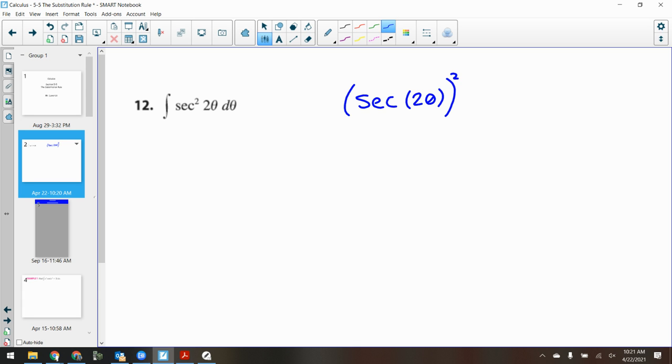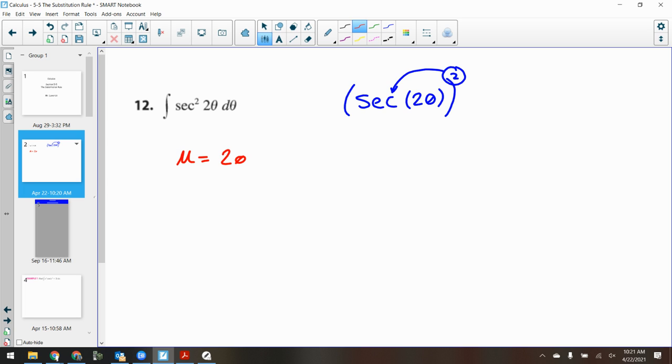No, they're just saying the secant 2 theta squared. The only reason we use this notation where the square jumps inside is to make sure the reader knows that the 2 theta is not squared, just the full secant 2 theta. Now, for our purposes here, we're going to treat the u as 2 theta.